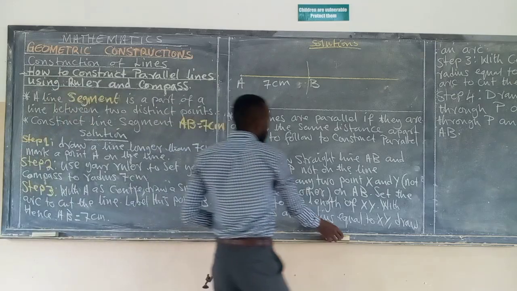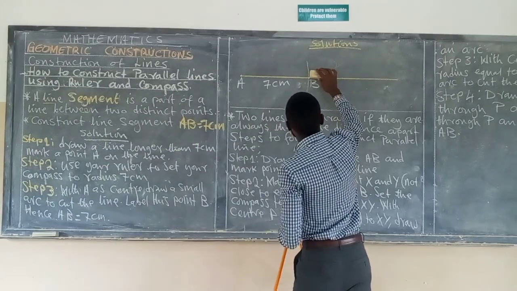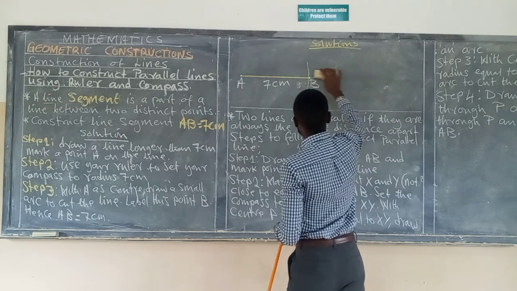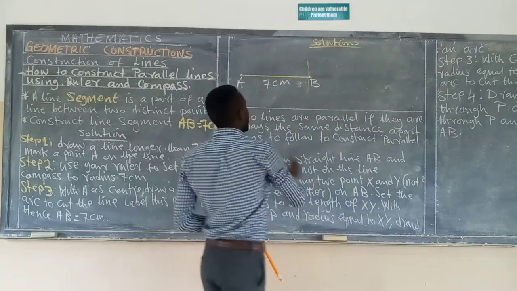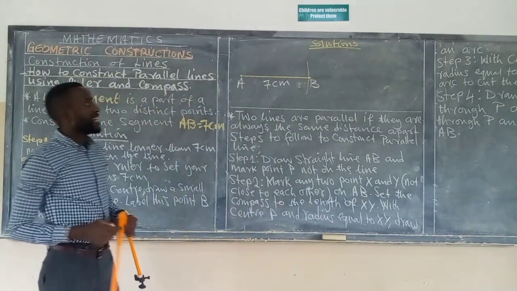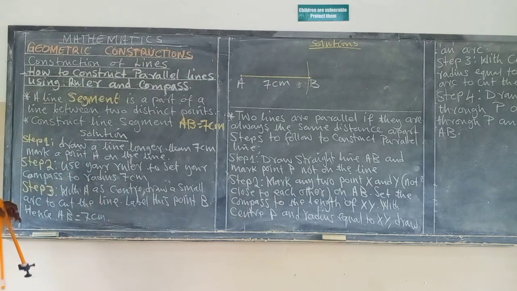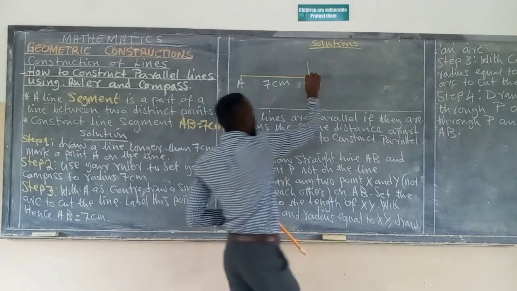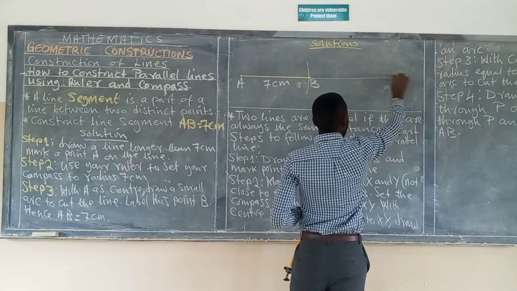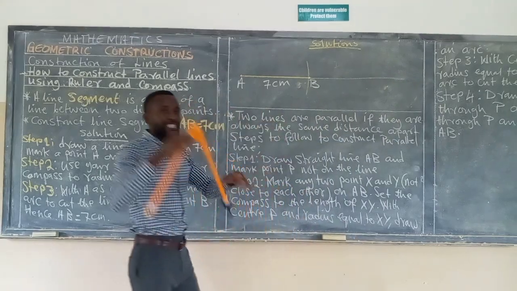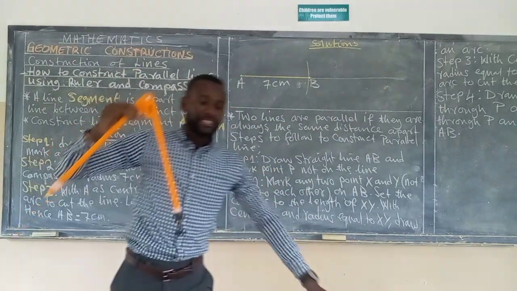So from there to here is 7 centimeter. That is how you come up with the line segment. Always remember, you make your line longer than 7 centimeter, and measure 7 centimeter using your ruler.